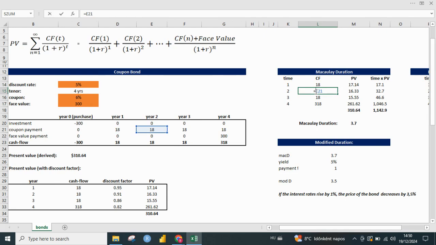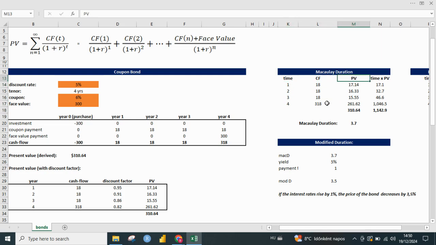In the second year, we have an 18 cash flow. Then in the third, we also have an 18. The last year is a bit different because, as you know, the face value is also paid back. So in this case, we have 308. This is the list of cash flows for the given time frame.